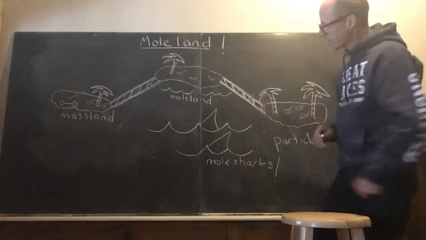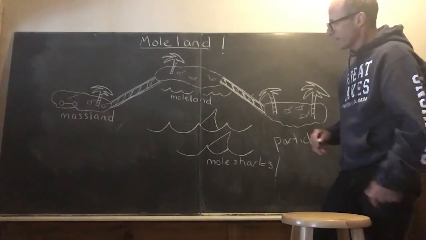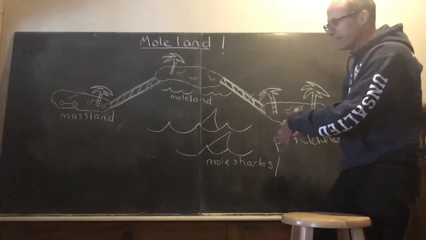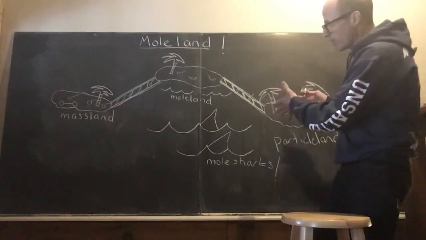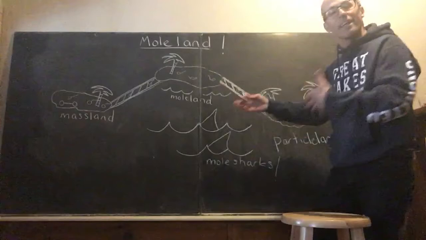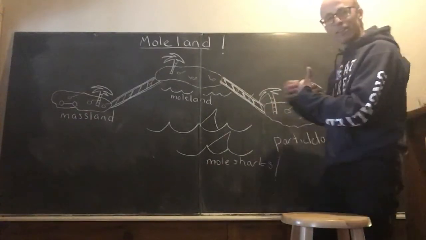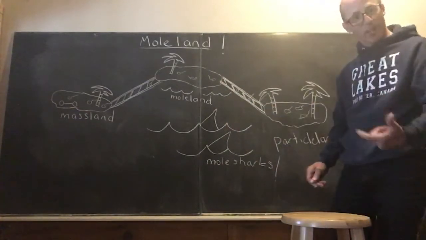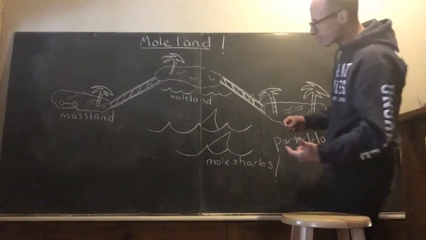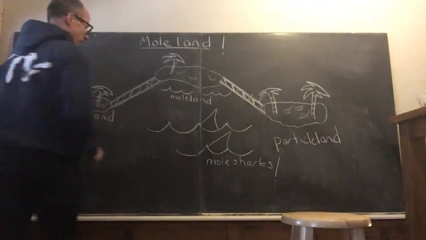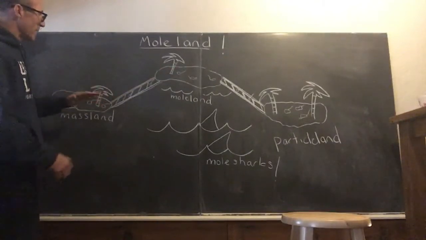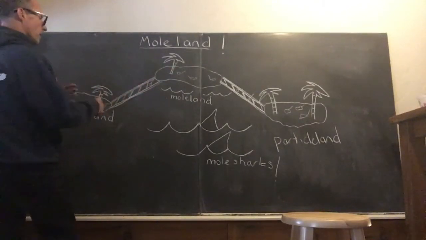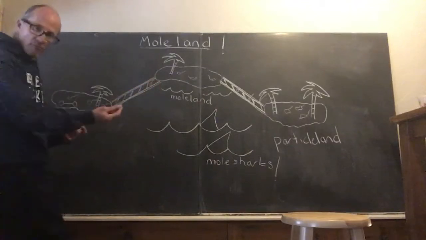Now, what has this got to do with chemistry? Well, it has a ton to do with chemistry. These are very smart moles like you and I. In order to go from one island to the next, they have to pass a little test, like a little skill testing question, if you will. So let's start over here. If a mole wants to go from the gram island to the mole island, they have to figure out a certain mathematical formula.